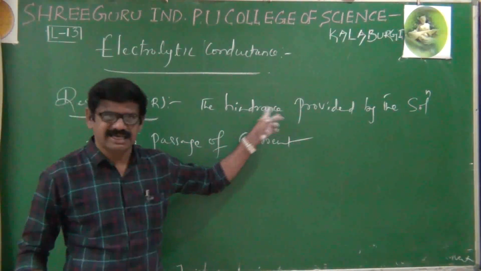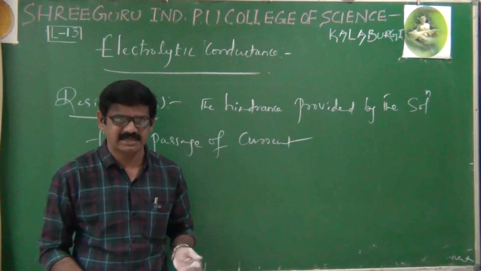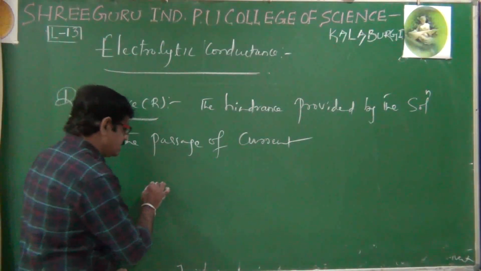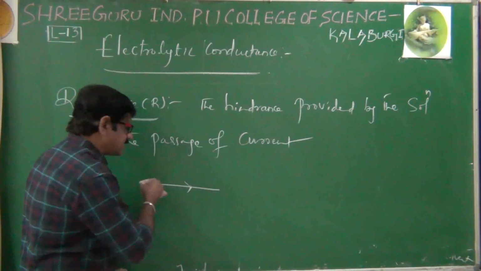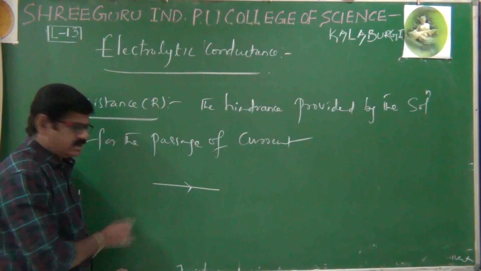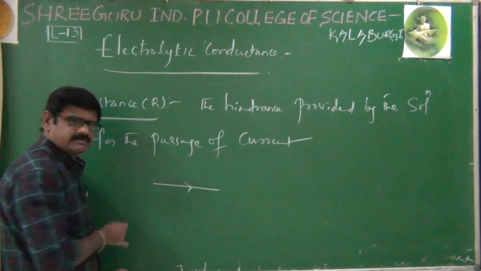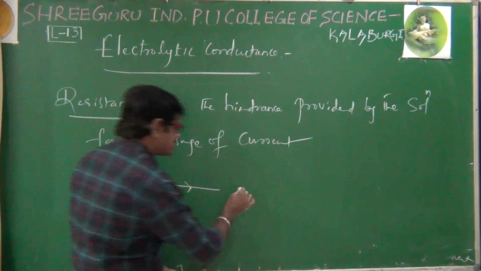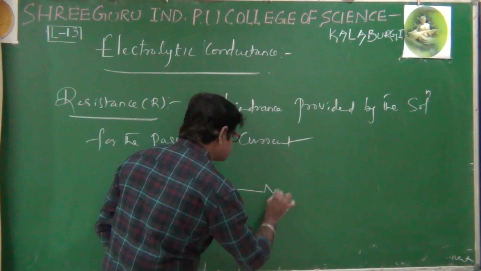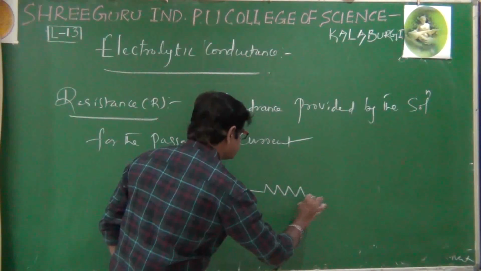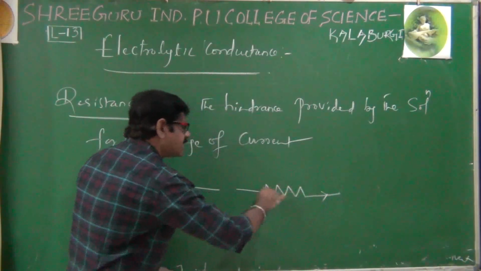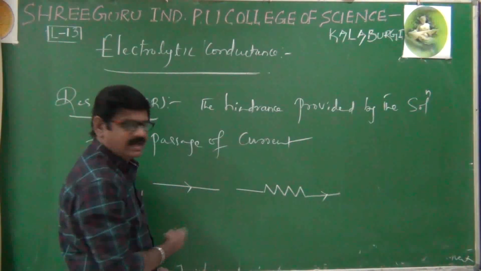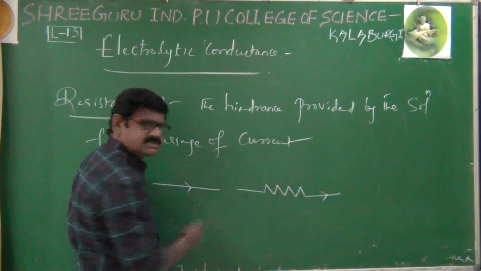What is hindrance? Hindrance is nothing but a disturbance, obstacles. For example, see here, say this is the direction of electron or current flow. Normally current is flowing, and here some obstacles occur. We show those obstacles like this. Then it is not a normal path; the path has changed because of these obstacles.